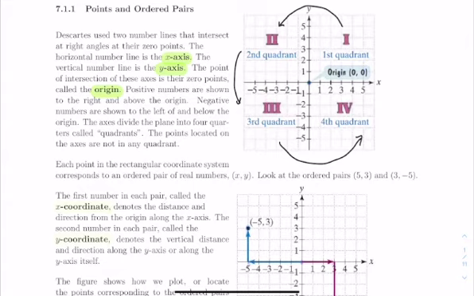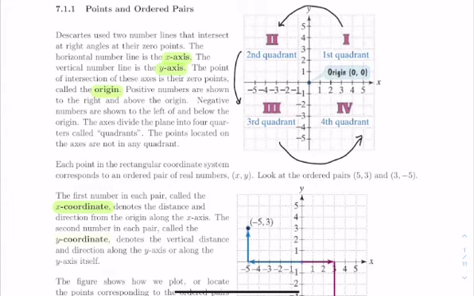Each point in the rectangular coordinate system corresponds to an ordered pair of real numbers x, y. Let's look at the ordered pairs (-5, 3) and (3, -5). The first number in each pair, called the x-coordinate, denotes the distance and direction from the origin along the x-axis.